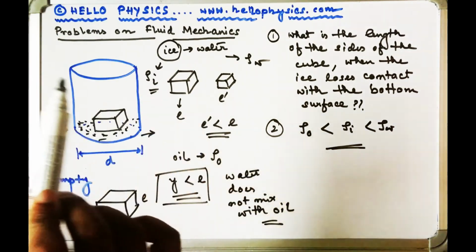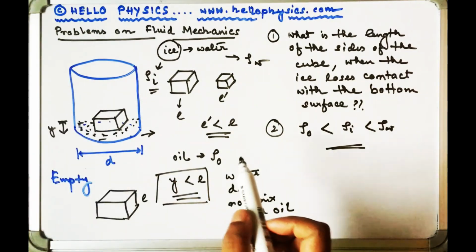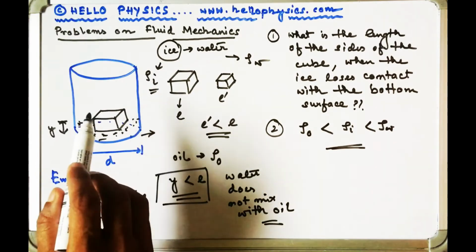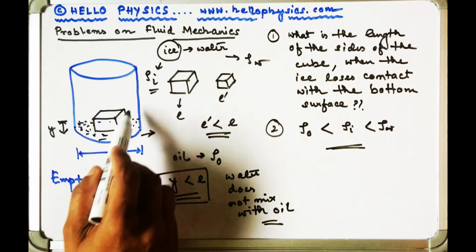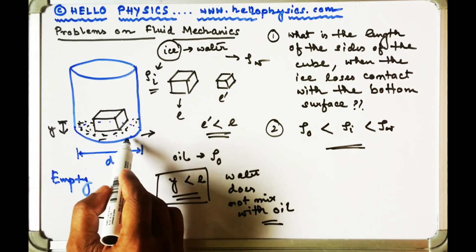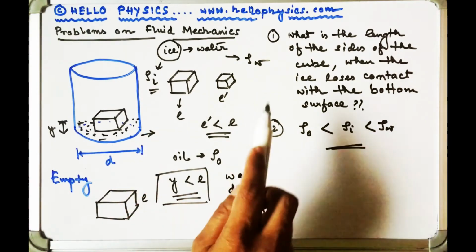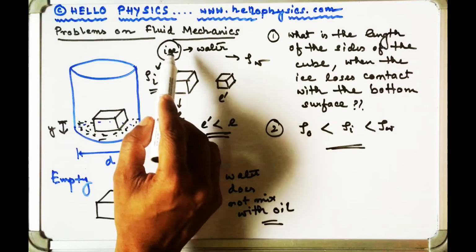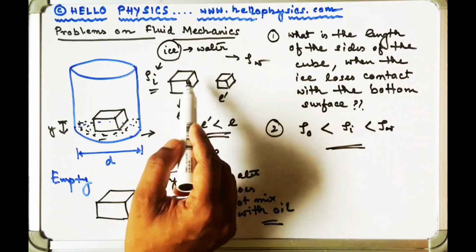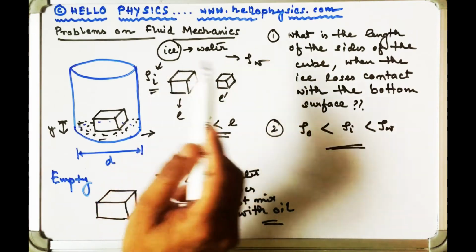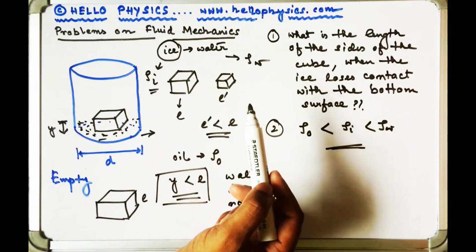In the same situation, you have to find out the length of the sides of the ice cube when this ice cube loses contact with the bottom surface. In the second part of the problem also, the ice cube melts in such a way that it retains its cubical shape, but of course the length of the sides keeps on decreasing.